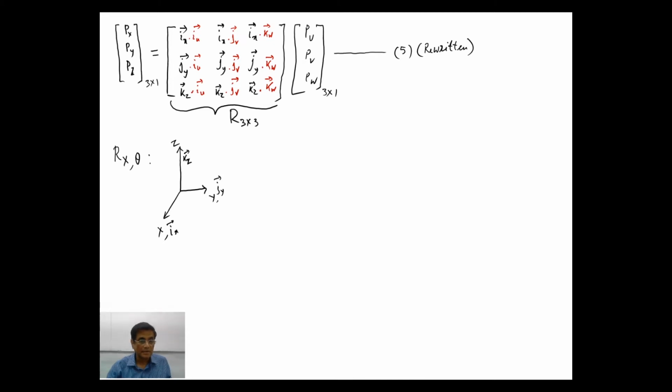As you know by definition, when you are rotating about x-axis, the body will undergo a rotation, and together with that some coordinate axis will actually flip. Let us draw and then I will explain.